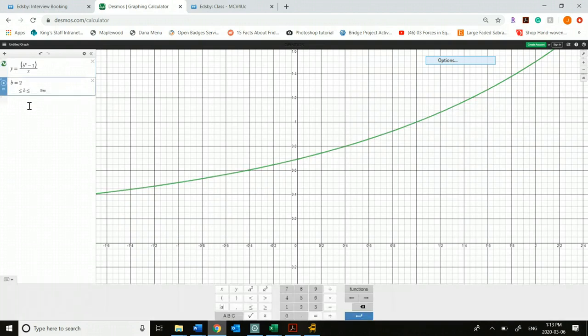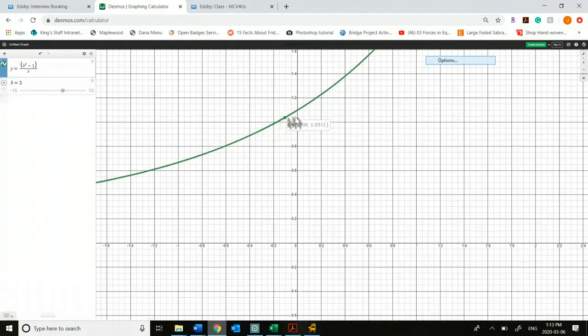So switch the slider to 3. You'll see the graph changes a little bit. This is a different base now. And let's see what we approach as we approach 0 here. Well, it is undefined, yes, but we're approaching 0, so we kind of want to see what value it's getting closer and closer toward.